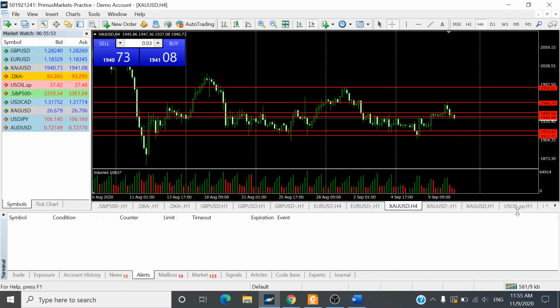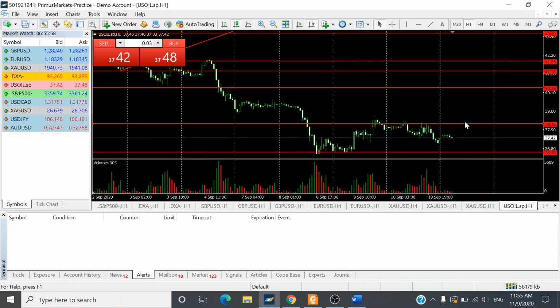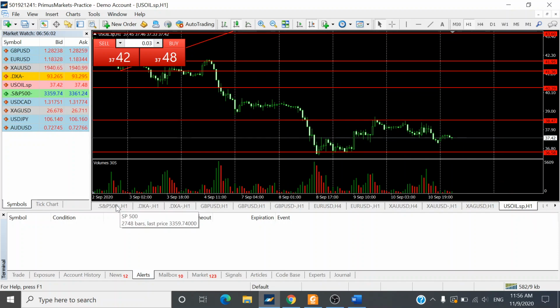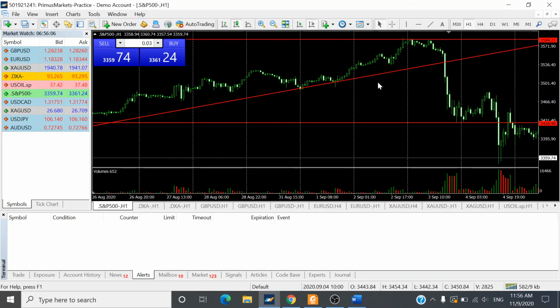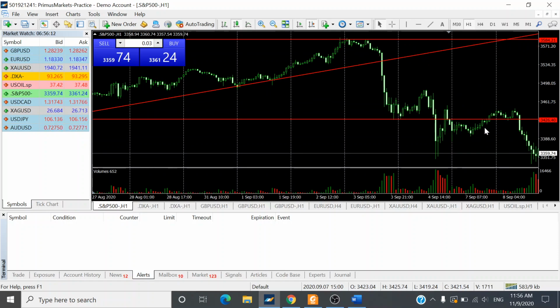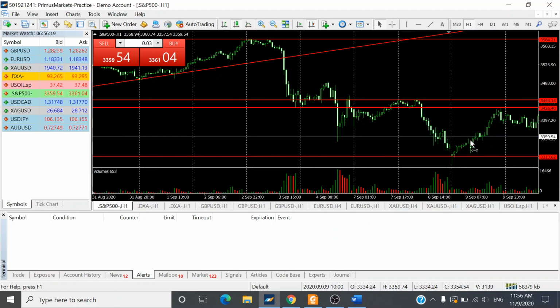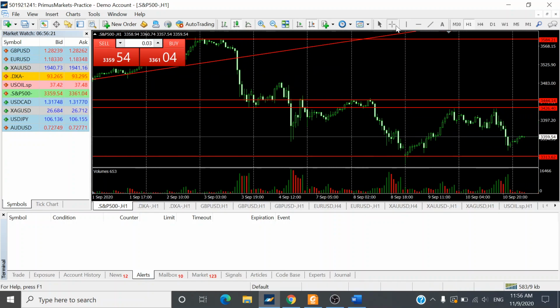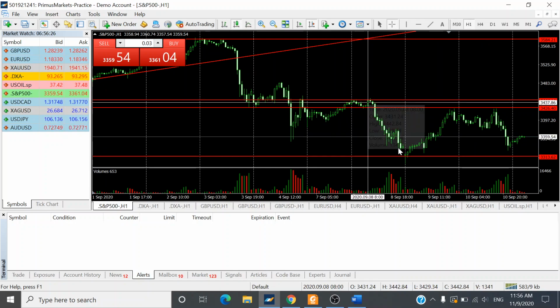Okay, so oil prices yesterday have also been consolidating, not moving much, and have quieted down a bit. And as for the S&P 500, we saw that it was coming down for 1 day, 2 days, and the third day was moving back up, and after it found some resistance it came down on Tuesday again.